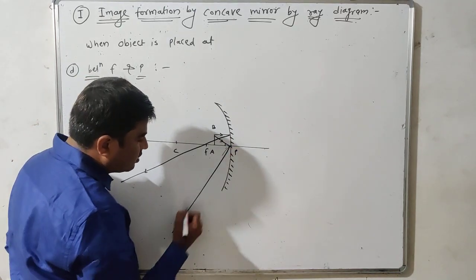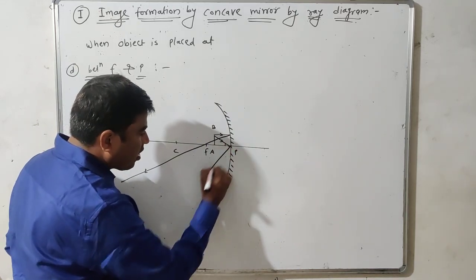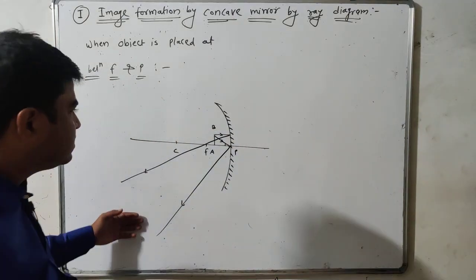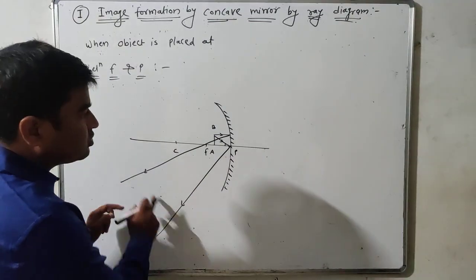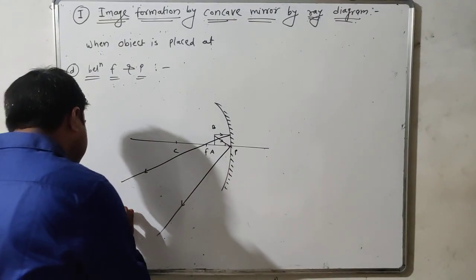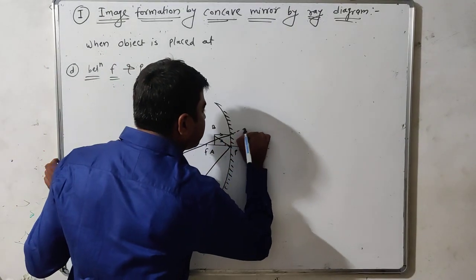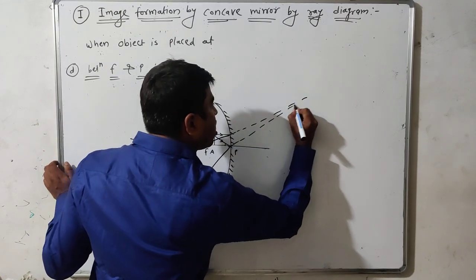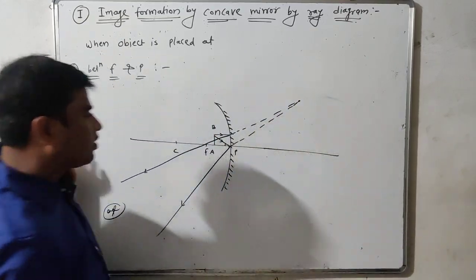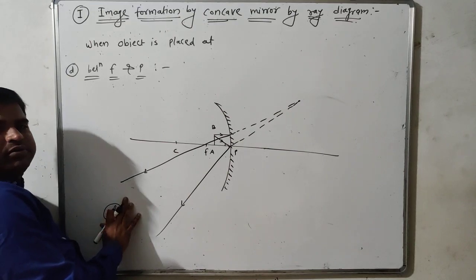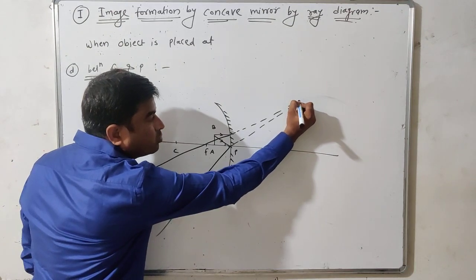As you can see here, the reflected rays are actually diverging, and for an observer, these two rays look to be coming from this imaginary point. For an observer looking from here, these two rays appear to be coming from this position.